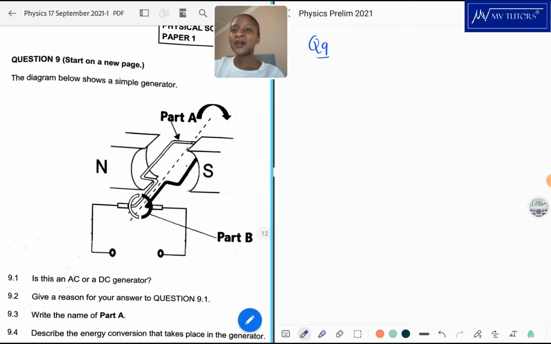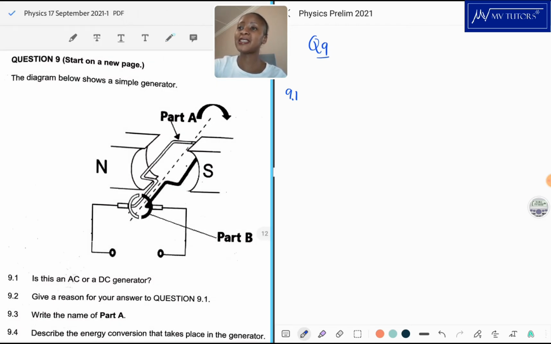Alrighty, and now 9.1, they ask, is this an AC or a DC generator? What do you think? Well, if it were an AC generator, you would have slip rings. Let me just write that.